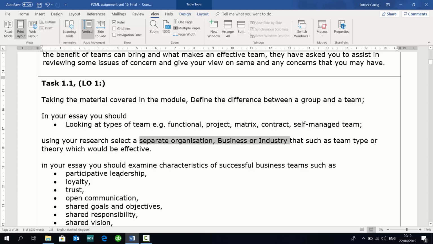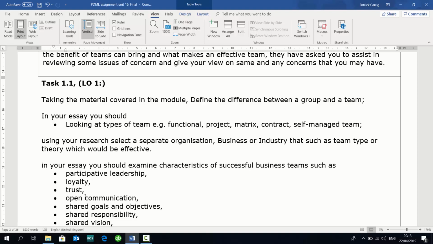I want you to look at key areas, because it's participative leadership as well, where the leader is actually a part of the team, rolls up their sleeves and sits down. The whole concept of loyalty, trust, open communications, shared goals and objectives, shared responsibility, shared vision, that's the big difference between groups and teams.